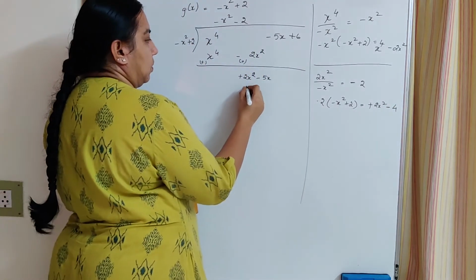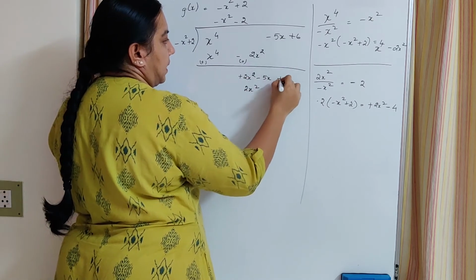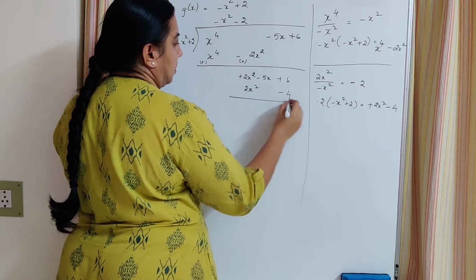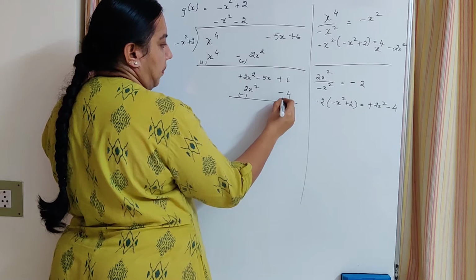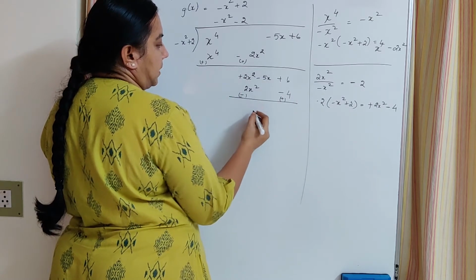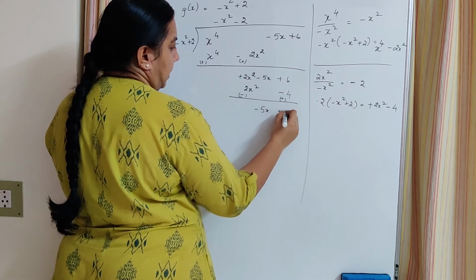So 2x square minus 4 plus 6. I am bringing that term also down. So this comes up to be, again I have to change the symbol because it's a subtraction. So this term gets cancelled. 5x minus 5x plus 10.